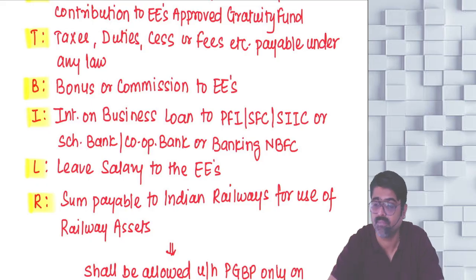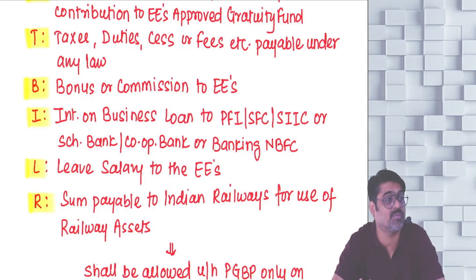Then next one, I for interest on your business loans. The business loan was taken from a specified lender. If you remember, I have already told you, 36 subsection 1 clause 3. Any interest on your business loan will be allowed as a deduction under section 36(1)(3).